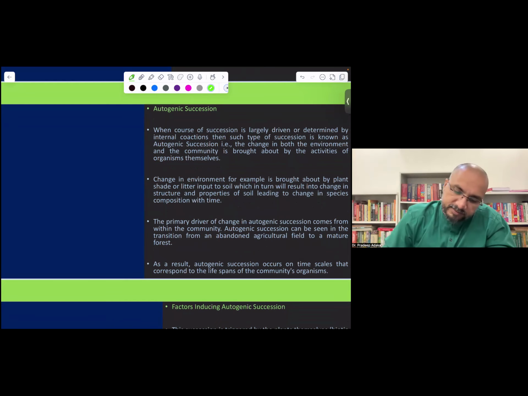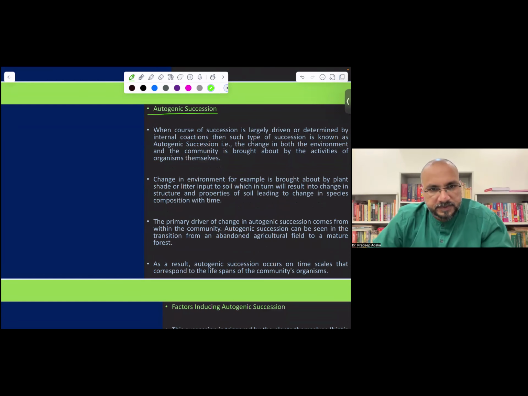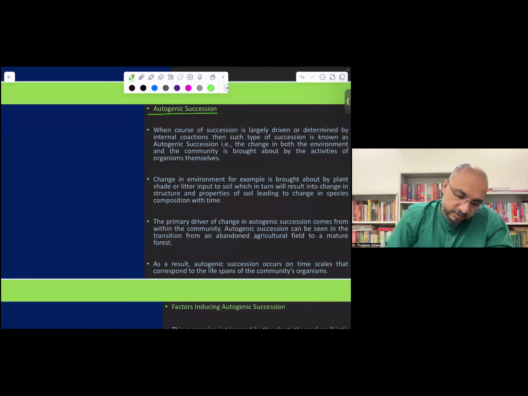So autogenic. So I said earlier there will be a pioneer community. This pioneer community will bring changes in the abiotic factors.